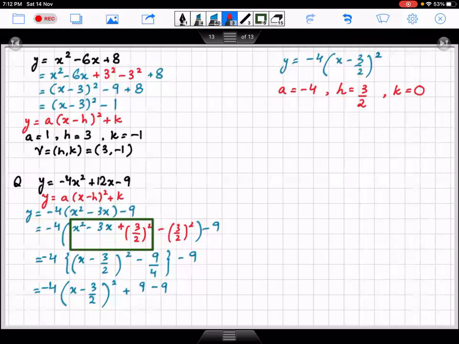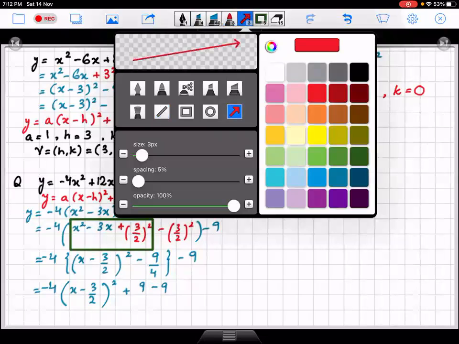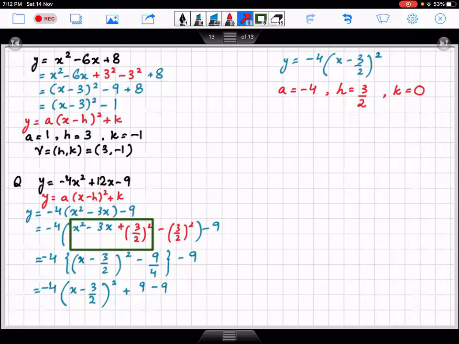So now to sketch the graph, I will be using the x-axis and y-axis. So let's say this is the x-axis, this is the y-axis. My maximum point should be at 3 upon 2.